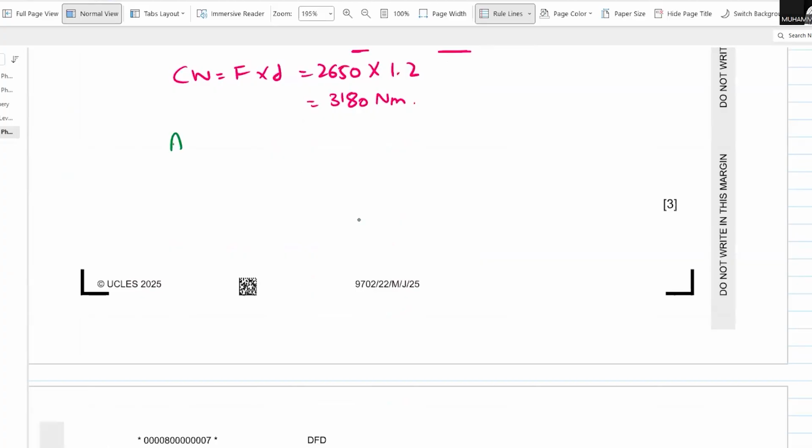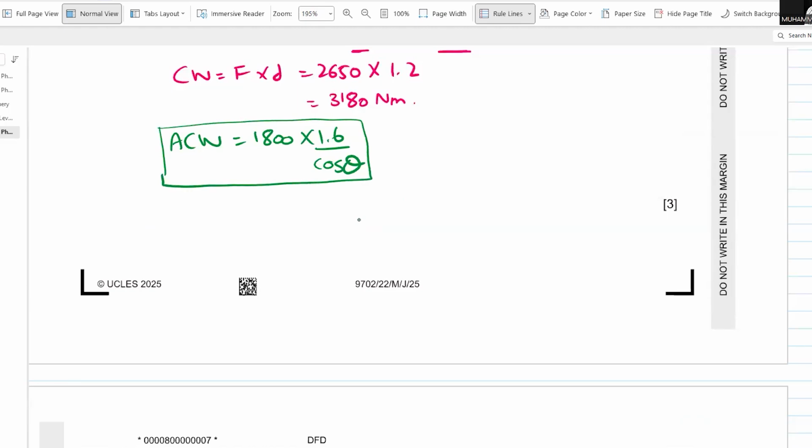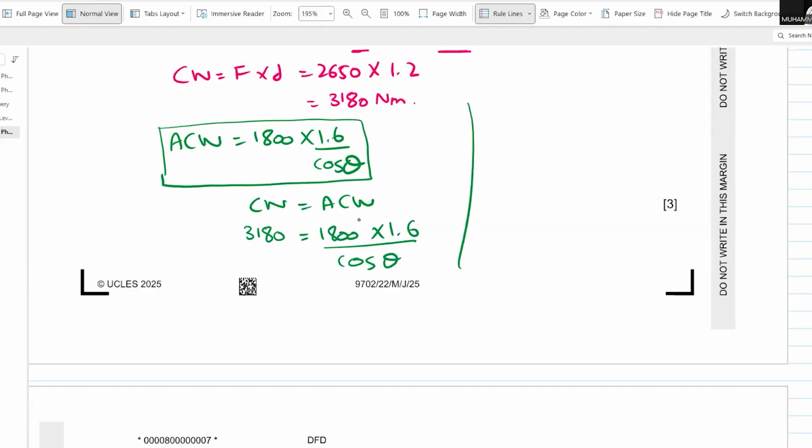Now you will equate the clockwise moment to the anti-clockwise moment. Clockwise is equal to anti-clockwise. Clockwise क्या है? 3180. Anti-clockwise क्या है? 1800 into 1.6 divided by cosine theta.